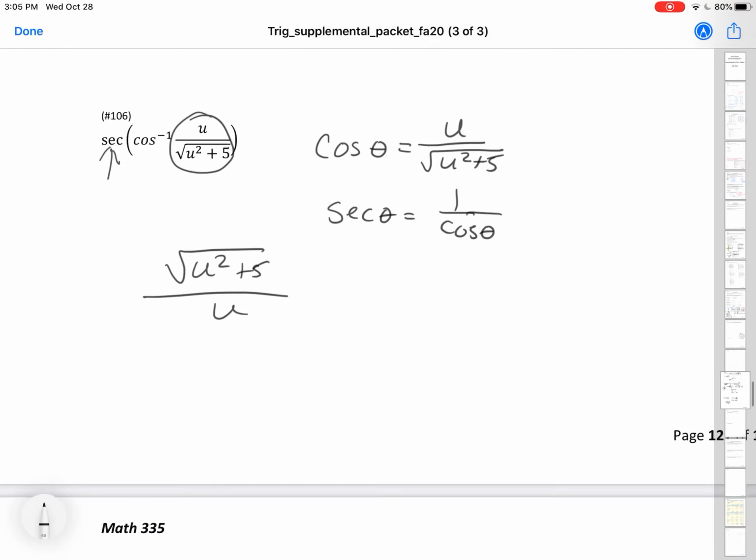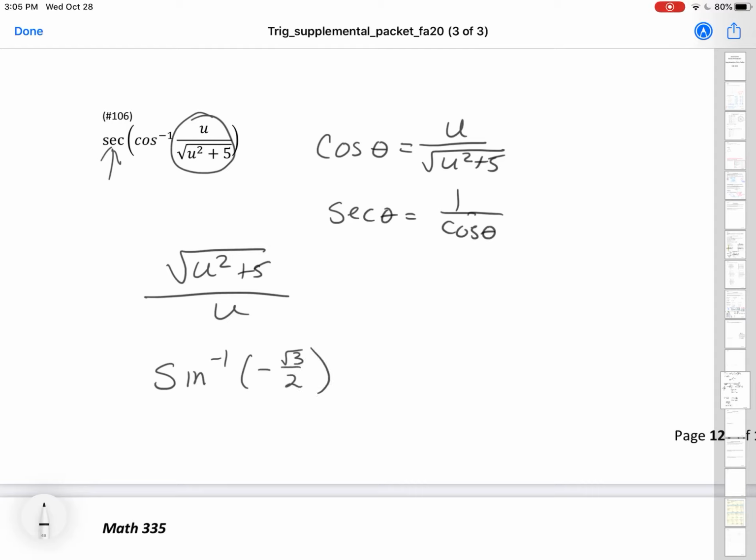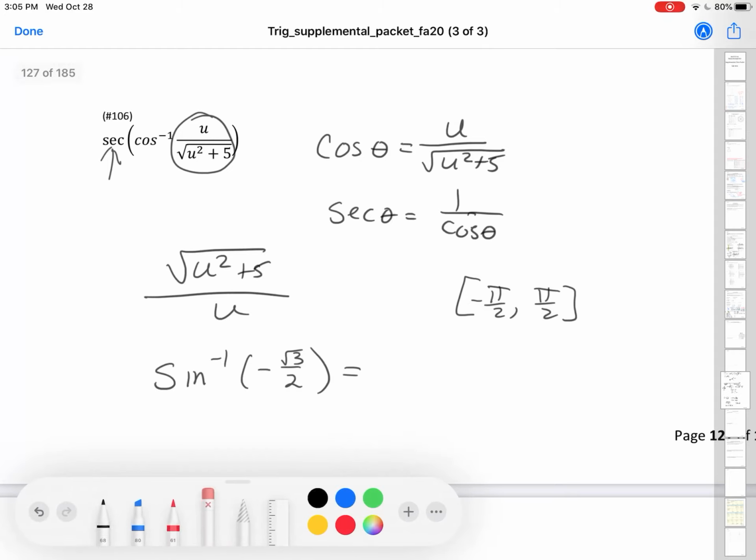Okay, so ideally in the end, when we give you something like this on the test, sine inverse of negative root 3 over 2, you're thinking: oh, I'm looking for something between minus pi over 2 and pi over 2. Actually, let me not just say something.